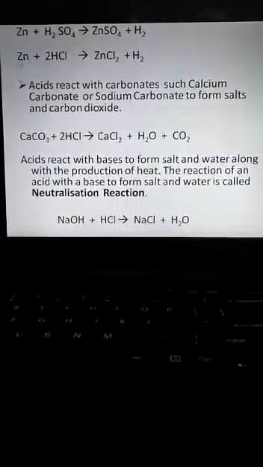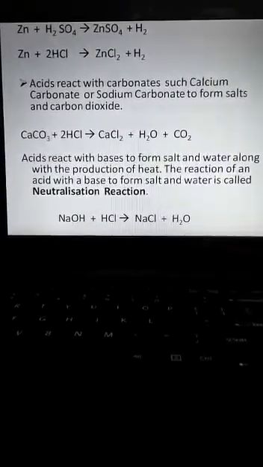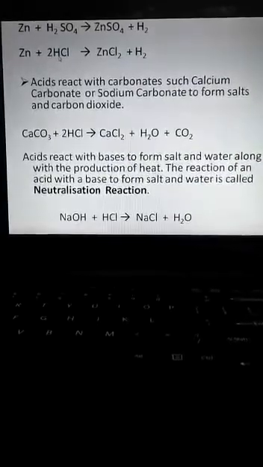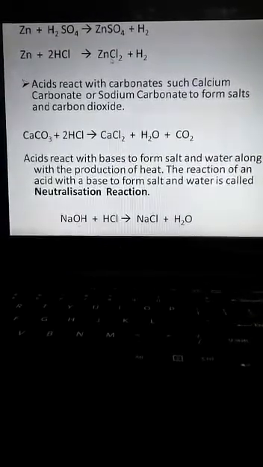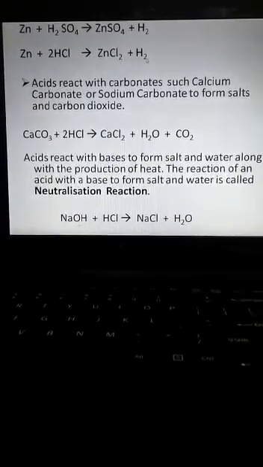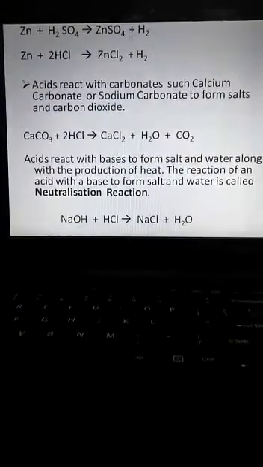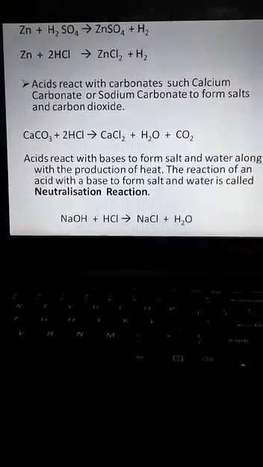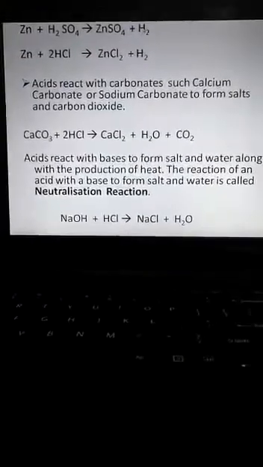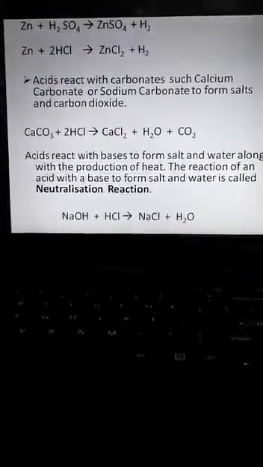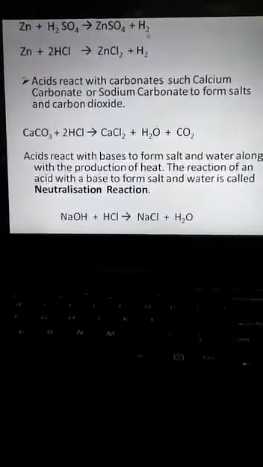Let us see another example. When zinc reacts with hydrochloric acid, it produces zinc chloride plus the hydrogen gas. Children, how will you prove that only the hydrogen gas is being evolved in these two reactions? There is a test for the presence of hydrogen gas.